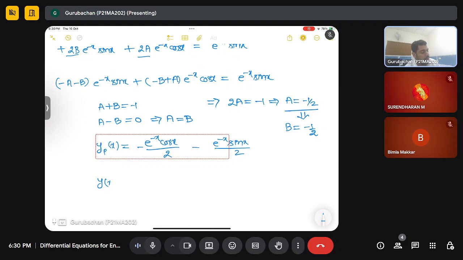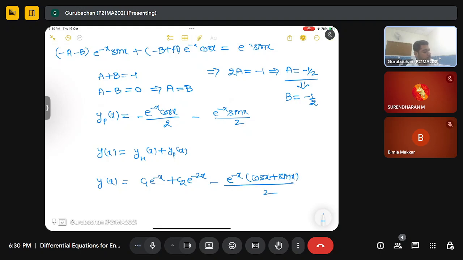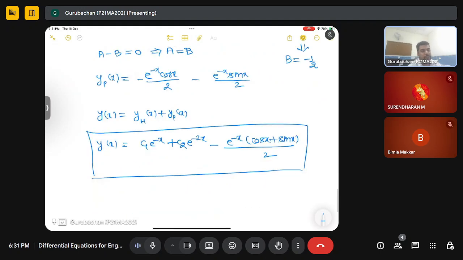So y(x) will be the sum of its homogeneous part and its particular part. It will give you c1 e to the power minus x plus c2 e to the power minus 2x, and if I write it combinedly, e to the power minus x I can take common, (cos x plus sin x) divided by 2. This is your complete solution that we have asked for.